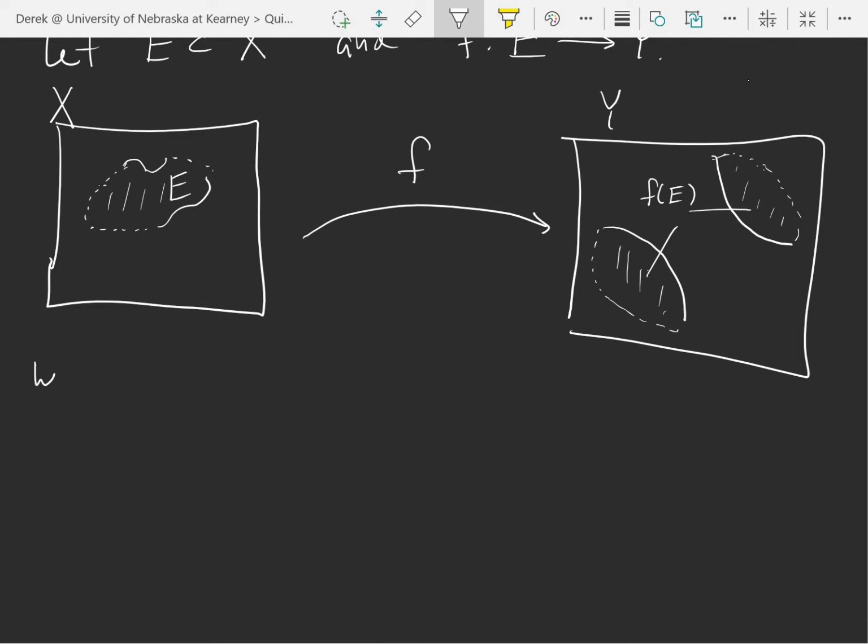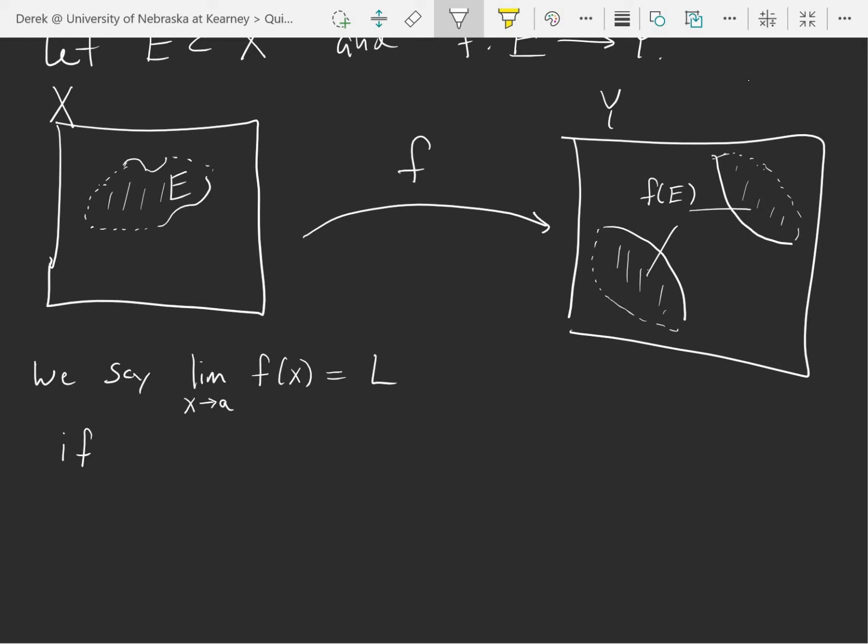Now, we say the limit of f of x equals L as x approaches a. That's our statement if, well, what do we need here?